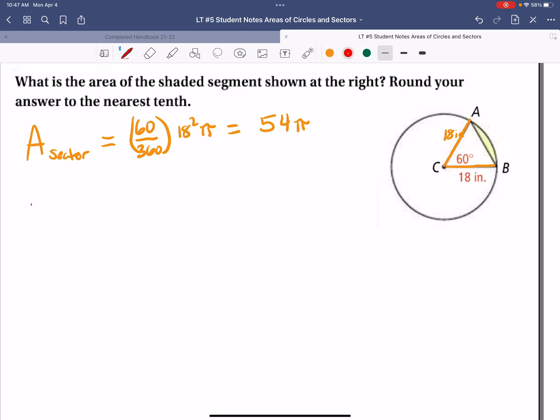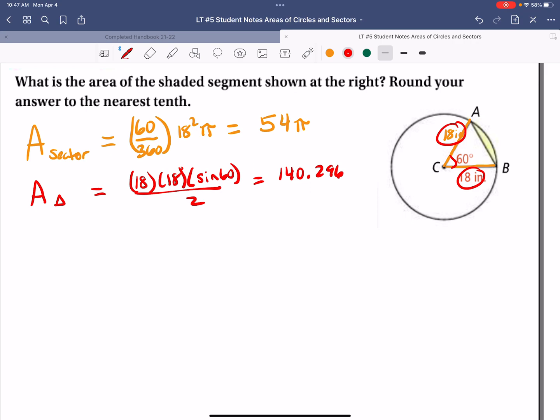Then we get the area of the triangle. Now the triangle's pretty cool because I've got the two sides and the included angle. So I'm doing 18 times 18 times the sine of 60, all divided by 2, which gives me 140.296.